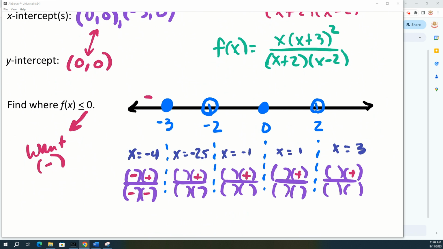Okay, let's go back and plug in -2. So when I put it in for just x, it's going to be a negative. -2 plus 2 is still negative, and -2 minus 2 is negative. So that's going to be a negative. Right. And then when I put in -1 for x, that's a negative.